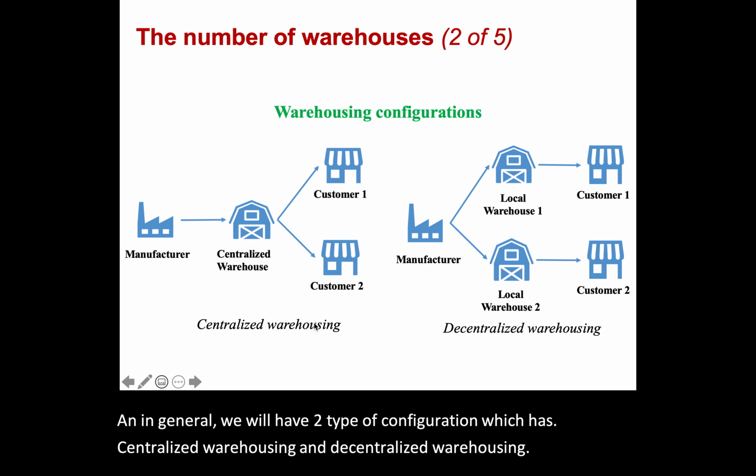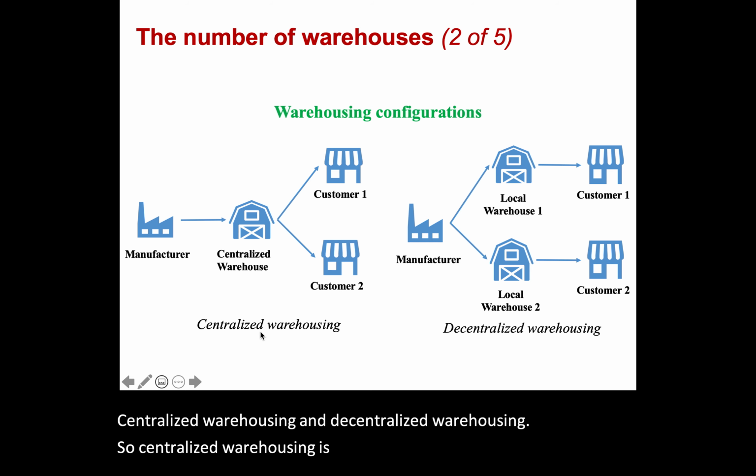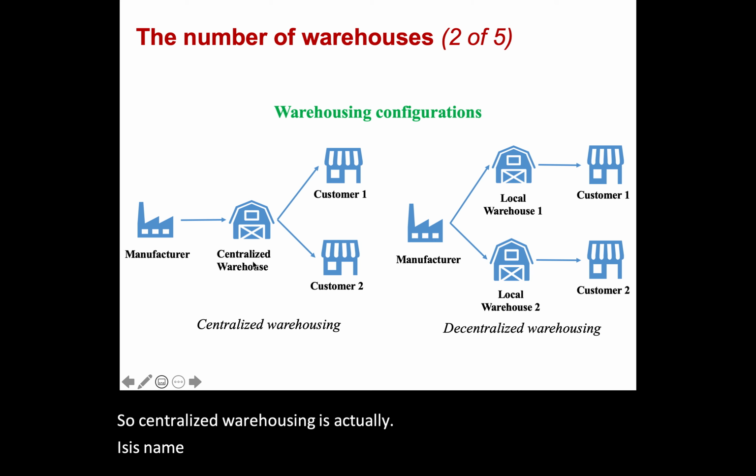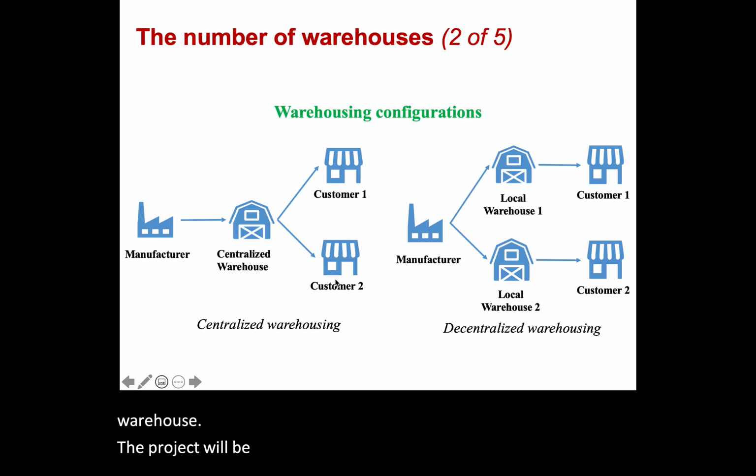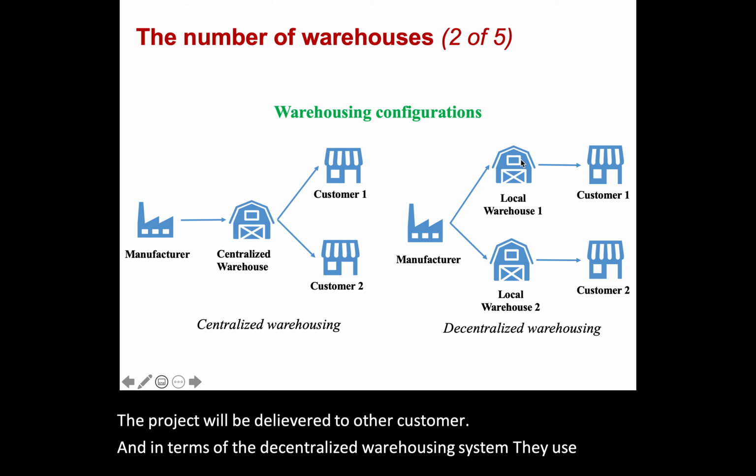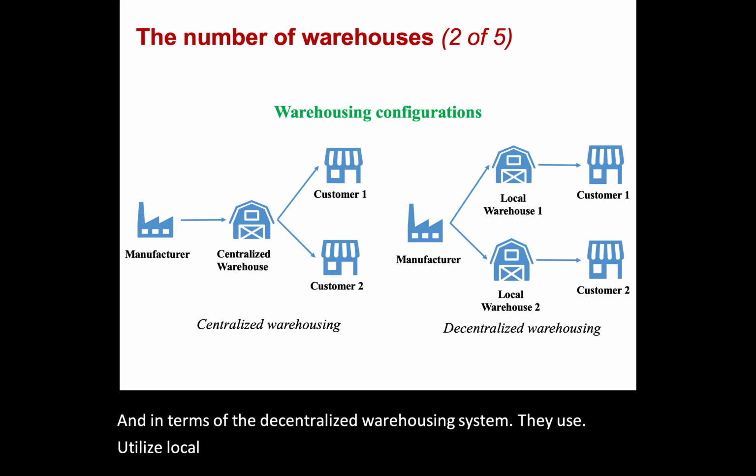So centralized warehousing is actually, as its name, one central warehouse that the manufacturer can send their product to that warehouse, and from this one central warehouse, the product will be delivered to all the customer. And in terms of the decentralized warehousing system, they usually utilize the local warehouse to fulfill the local customer demand.